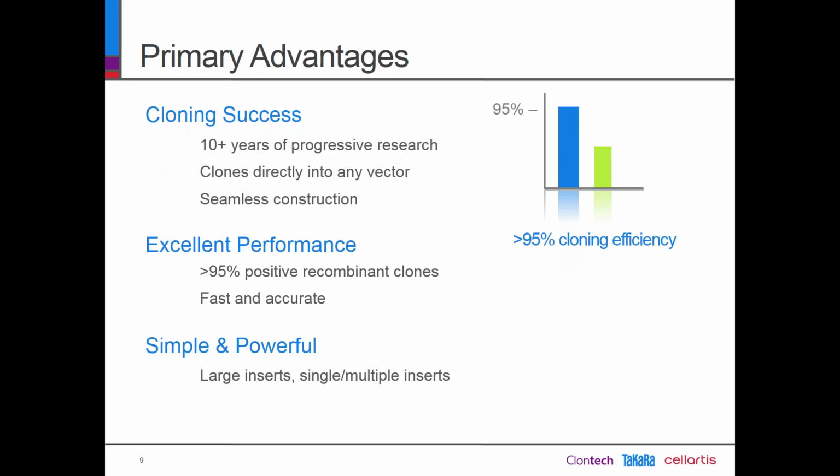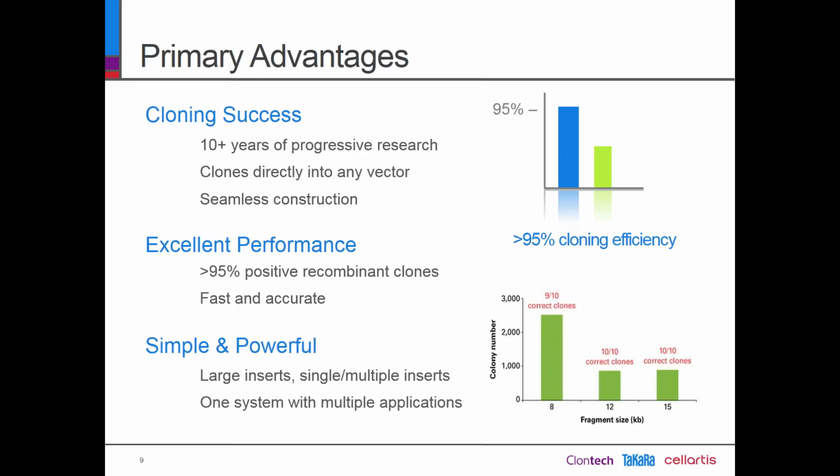It's simple and very powerful, so with multiple possibilities for the size of the insert, as I said, but you can also do multiple insert cloning, which you will see a bit more of later. So this high level of flexibility means that you can use the In-Fusion cloning system as a very powerful tool for many different applications, from simple cloning to very complex cloning projects, like mutagenesis, for example.